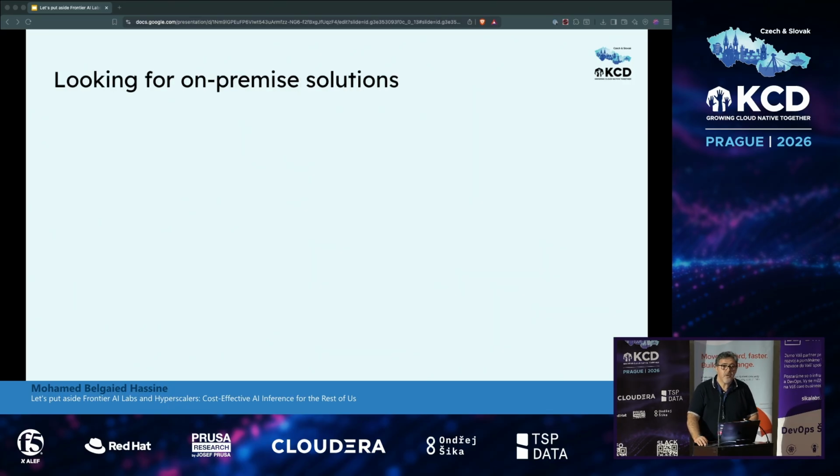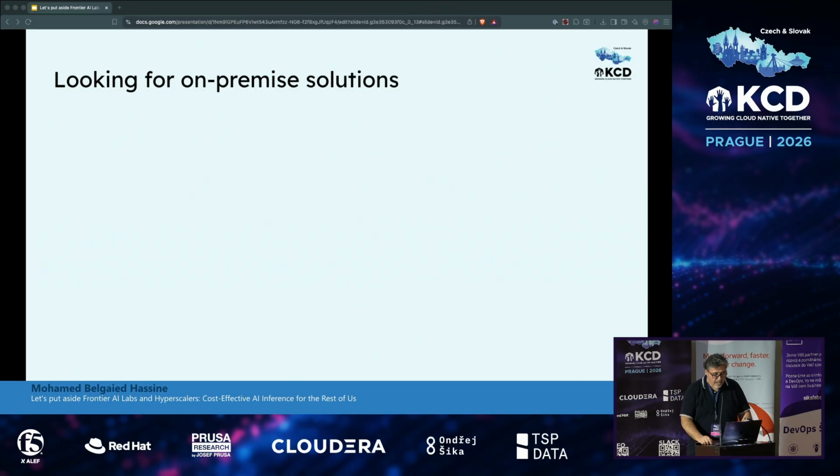So you go and look for on-premise solutions. The problem is you find two extremes, at least if you just follow what you hear and see in headlines, for example on the KubeCon main stage.